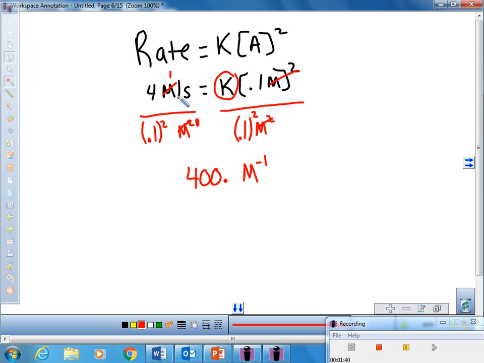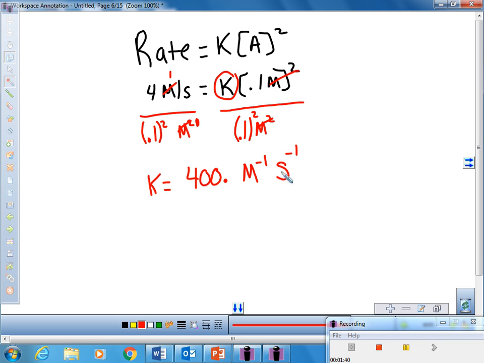The seconds, because it's a per second, technically is on bottom as well. So maybe you've dealt with that in math where you have a fraction over 1, and so that seconds is also over 1. So this is the way that unit is going to be written. So this is your K's unit. The value is 400, but its unit is molarity to the -1, seconds to the -1.